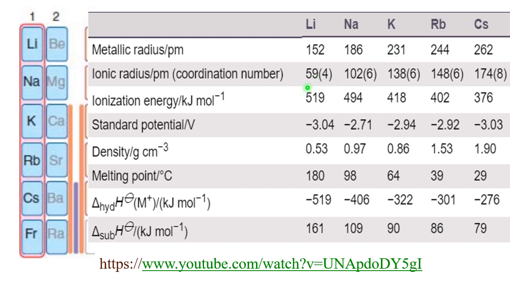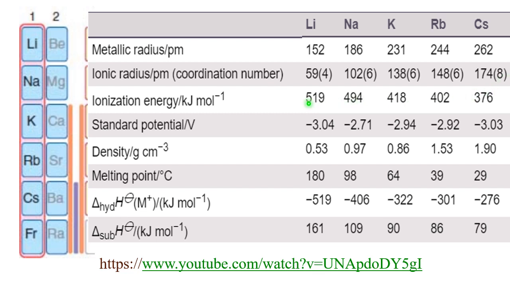Ionic radius also increases from lithium to cesium. Coordination number for lithium is usually 4, sometimes 5. For sodium, most common is 6. Same for potassium, and rubidium, and cesium, the largest, often has 8.